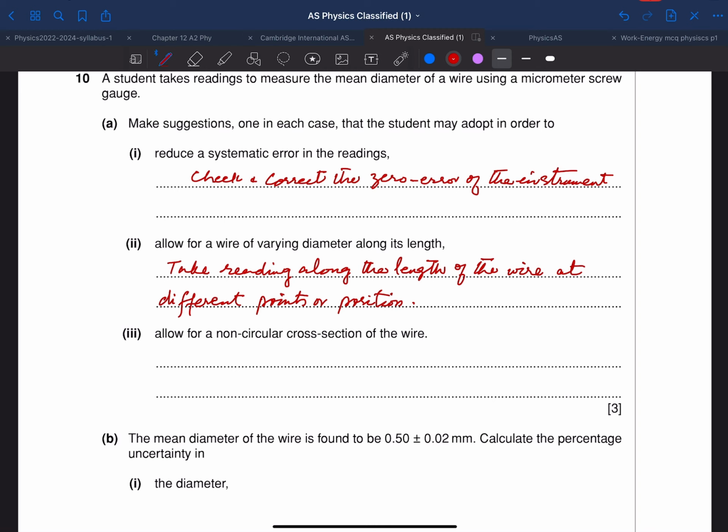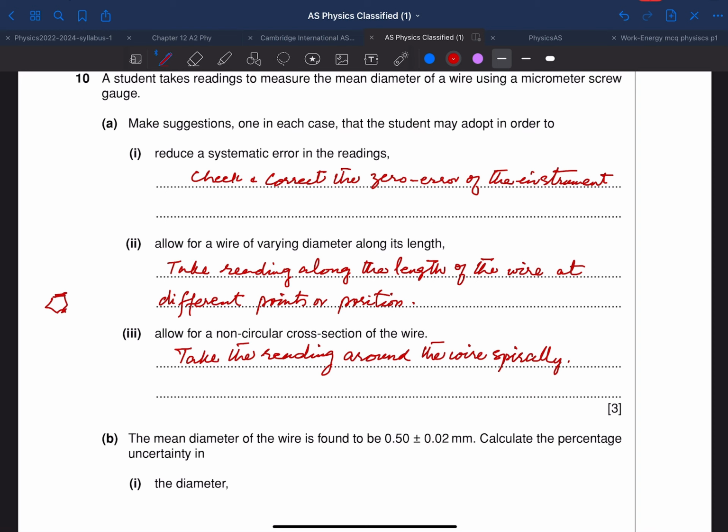Allow for a non-circular cross section of the wire. If you have something like this, then this is not a circular cross section area. In this case you will take the readings around the wire spirally. That is, you will rotate your screw gauge.